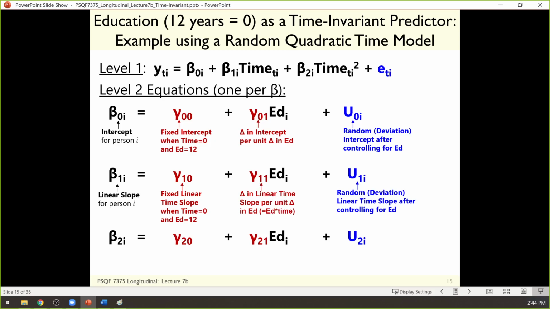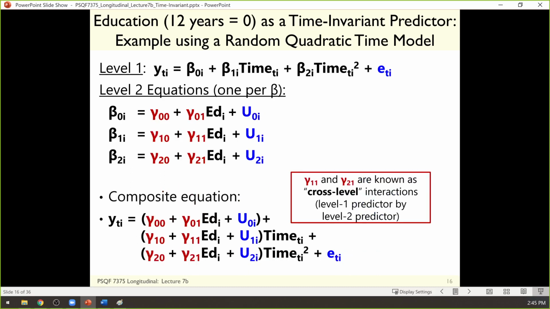It is actually an interaction term. It's not obvious from the equation, but if you manually do the substitution of all of these things for beta 1 and bring it up here, it interacts with time. And if that makes your head hurt in week 13 of the semester at 2:45 in the afternoon, I got your back. On the next slide, I have the composite model that avoids the beta placeholders and just shows it to you straight.